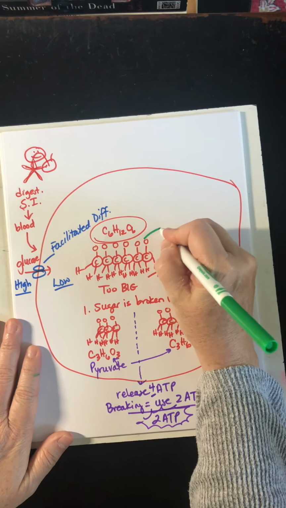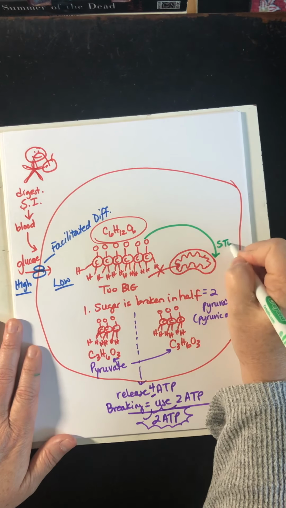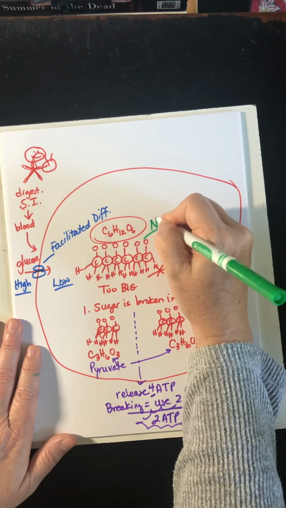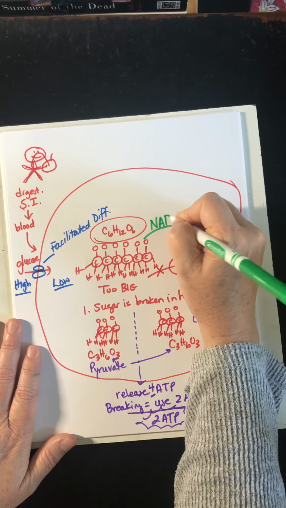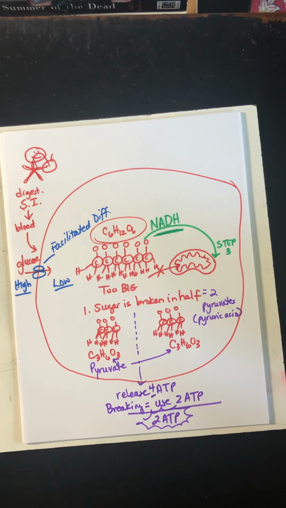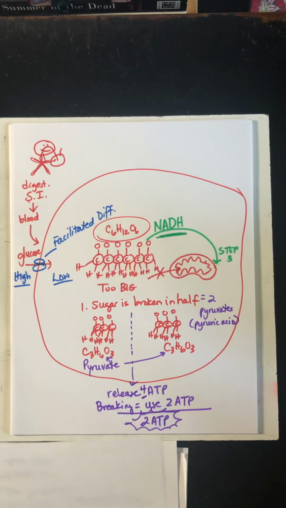But I'm going to tell you that this molecule is going to end up going to step 3, okay? And it's called NADH, okay? Now, from photosynthesis, we're going to flash back. Photosynthesis had a very, very similar molecule, but it wasn't called NADH. It was NADPH.